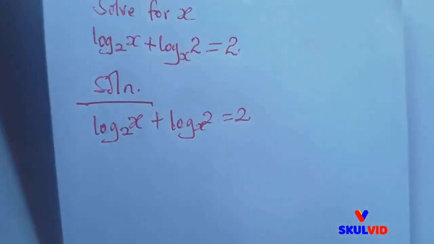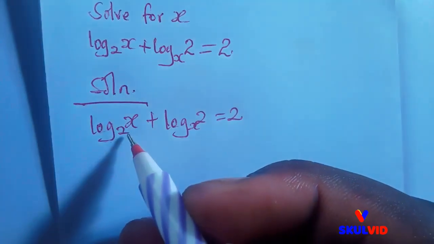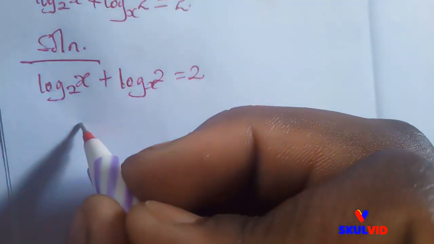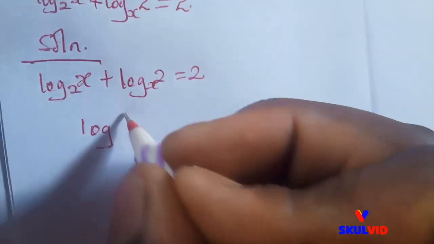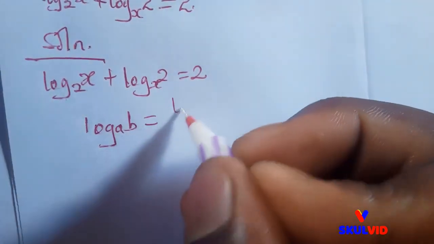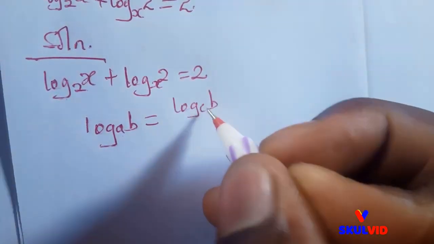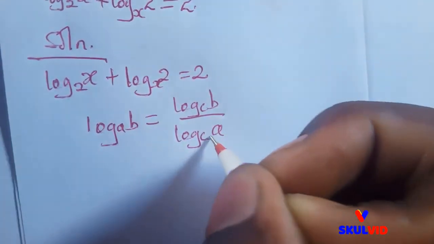We've been given that log x to base 2 add log 2 to base x is equal to 2. So we can choose to write this as a numerator and a denominator, recalling the logarithm law that states that if we have log b to base a, it is equal to log b to base c over log a to base c.